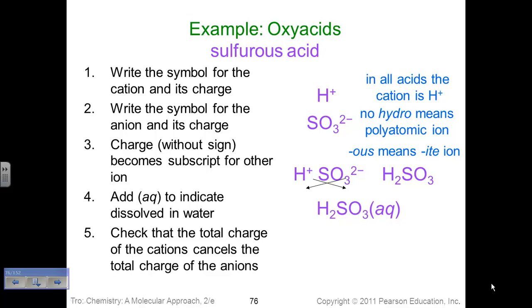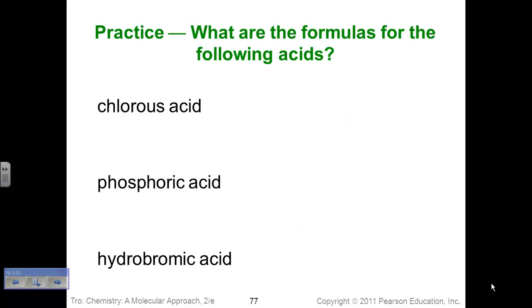In water, sulfurous acid. And notice when we check charges as a double check if our subscripts are correct, 2 units of the +1 hydrogen's charge do indeed balance 1 unit of sulfite's -2 charge. Hydro, root word ic, plain old ic, or us, the endings of acids.